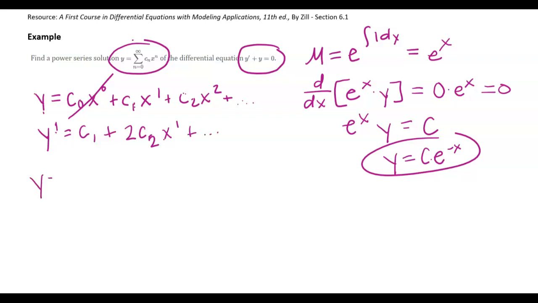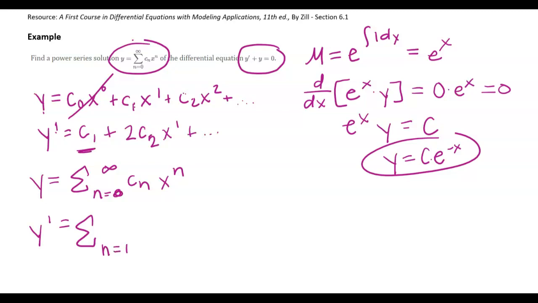So the way that I can write this is, if this is my generic power series solution, y prime, I can take the derivative just like I would a polynomial. The problem is, though, when I do that, I don't actually start at 0, I start at 1. So I have to refix my index. Otherwise, I'm going to have negative powers when I do this.